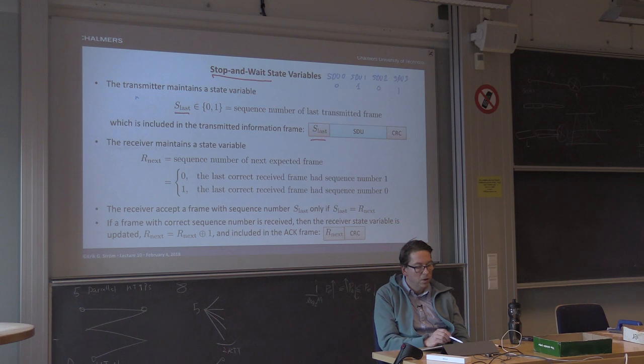If S last is equal to R next, then things are good, and I deliver the frame, the service data unit. At the same time, I tell the transmitter, everything is fine, please send me the next frame, and the next frame is R next plus 1. Okay, and I include that in the acknowledgement.